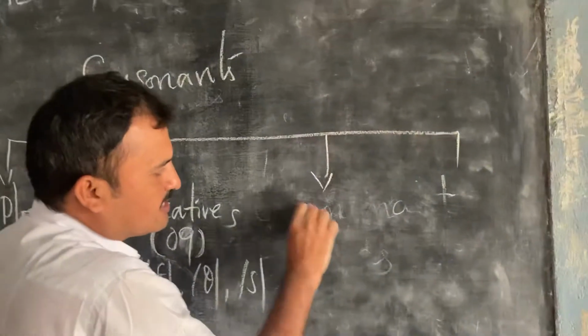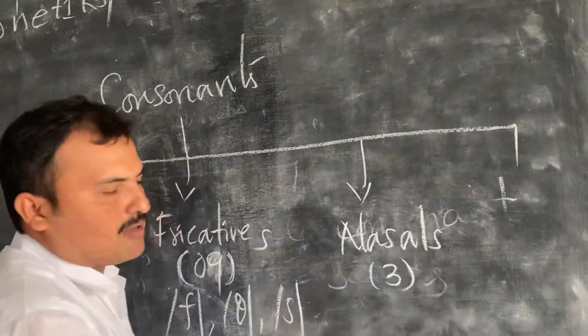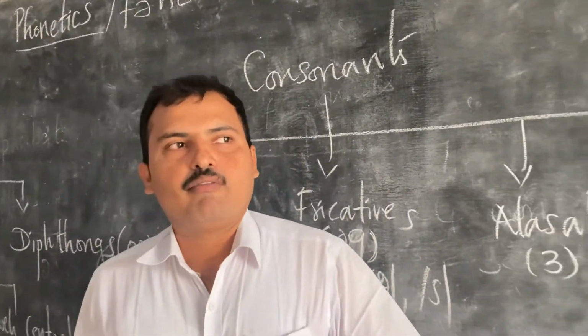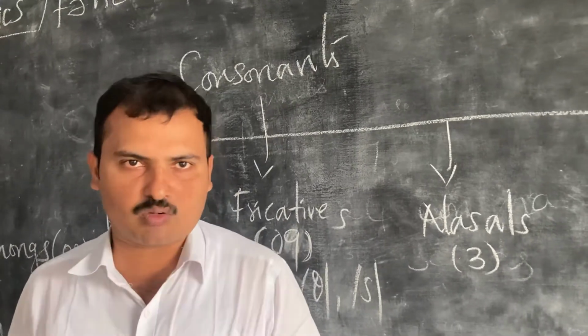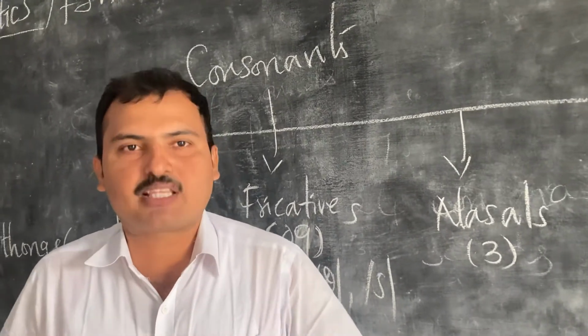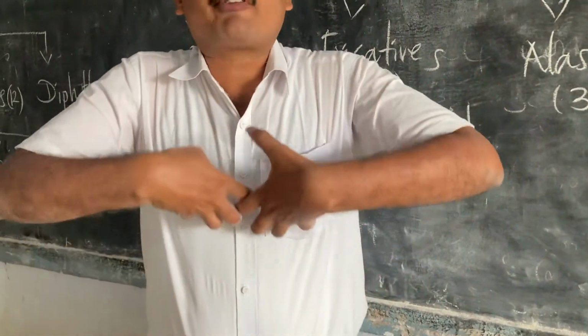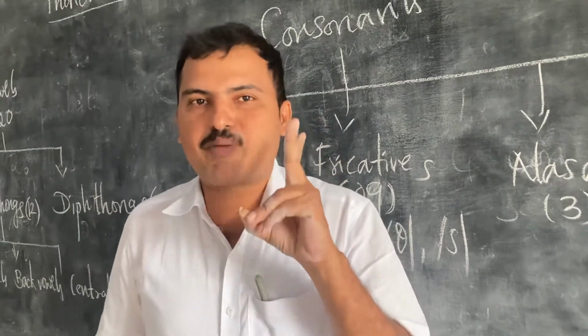Next, nasals. Nasals are 3 in number. What are nasal sounds? Friends, if you need to produce a sound, you need to take breath from the lungs. And the breath that comes from the lungs can escape from two passages.